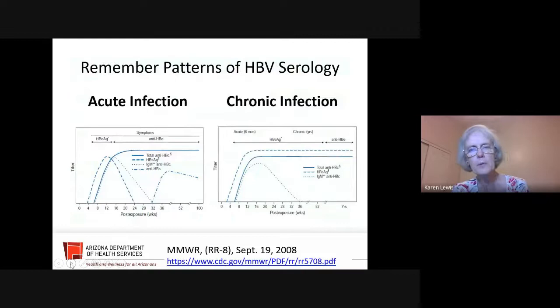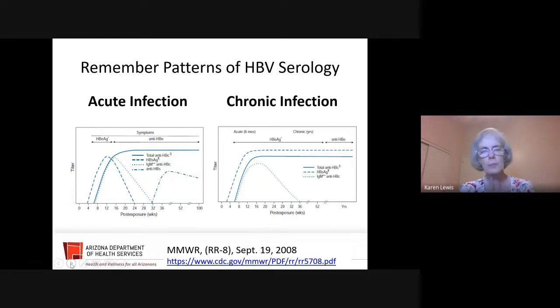So just remember the patterns of hepatitis B serologies. Remembering the pattern is the simplest way to feel very comfortable with responding to the serology. I find it's easier than memorizing a list. I memorize the pattern of how the surface antigen rises and falls with an acute infection.